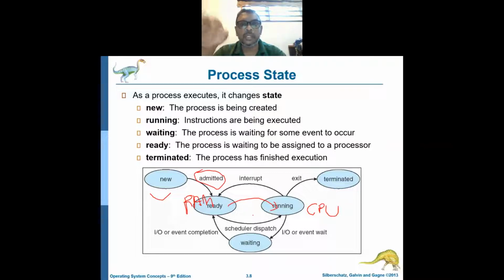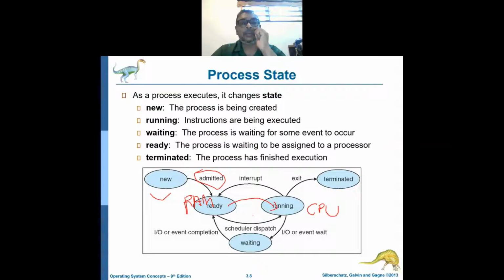Always remember, in the CPU there can only be one process running at one time. There can also be multiple processes, but they will each take a certain period of time.